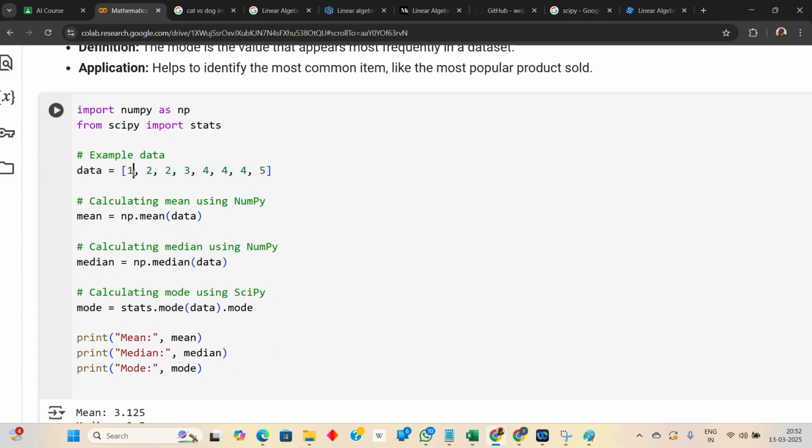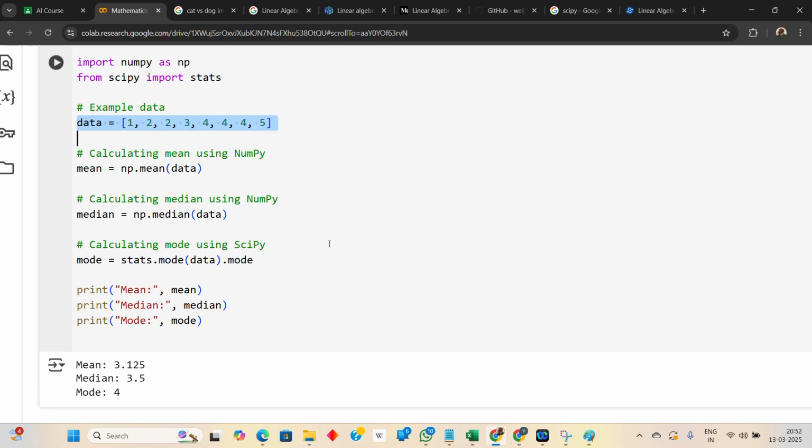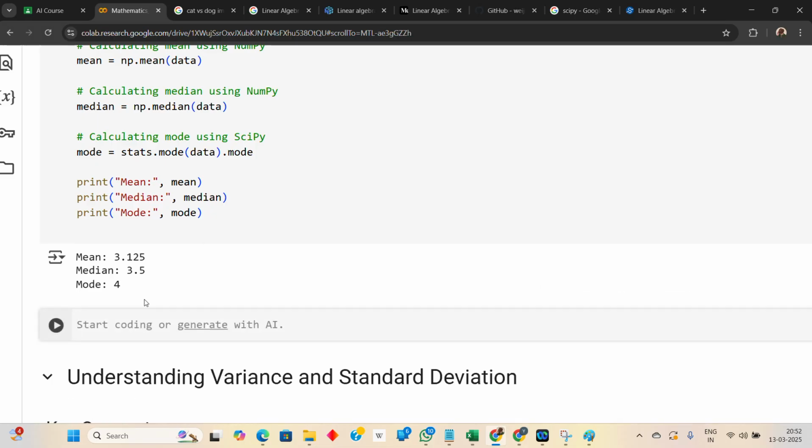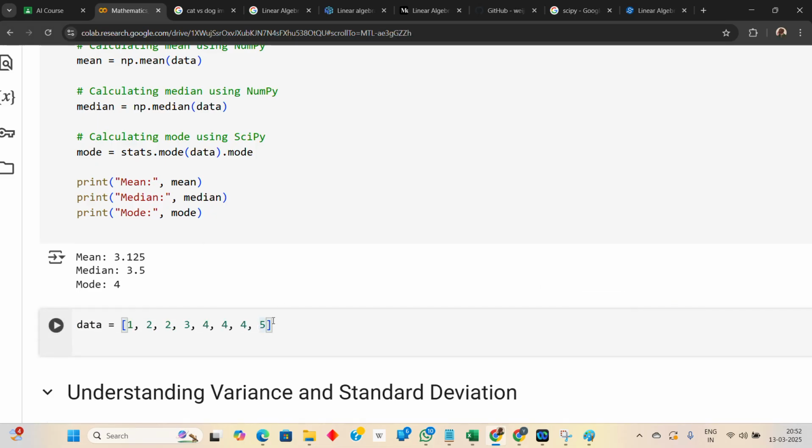Let me take the same data points, but instead of 5, because of a typo or any other error, or in general also, the last value is 55.